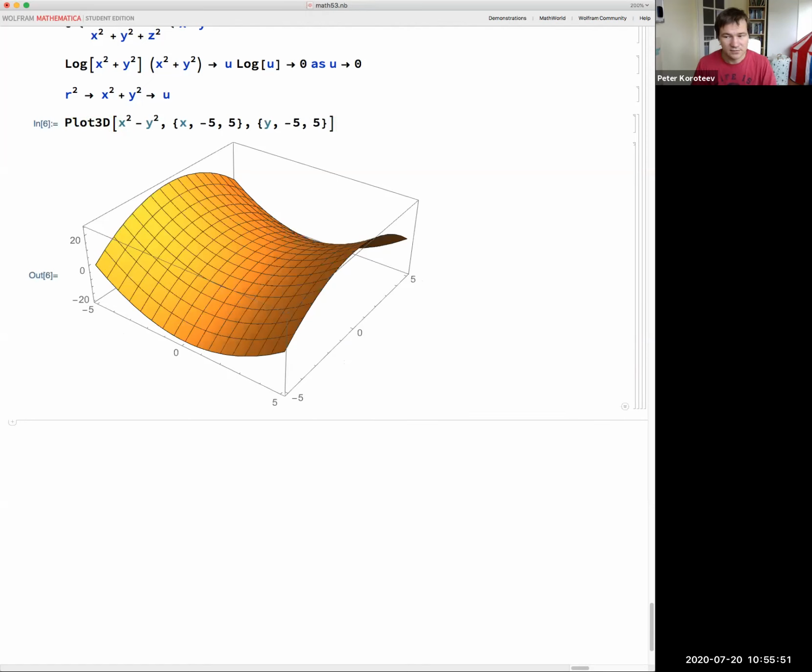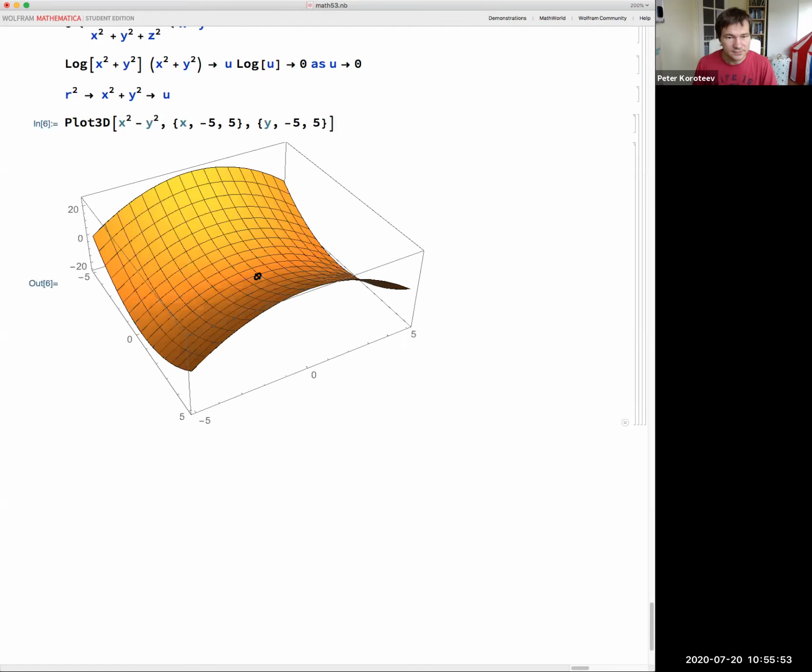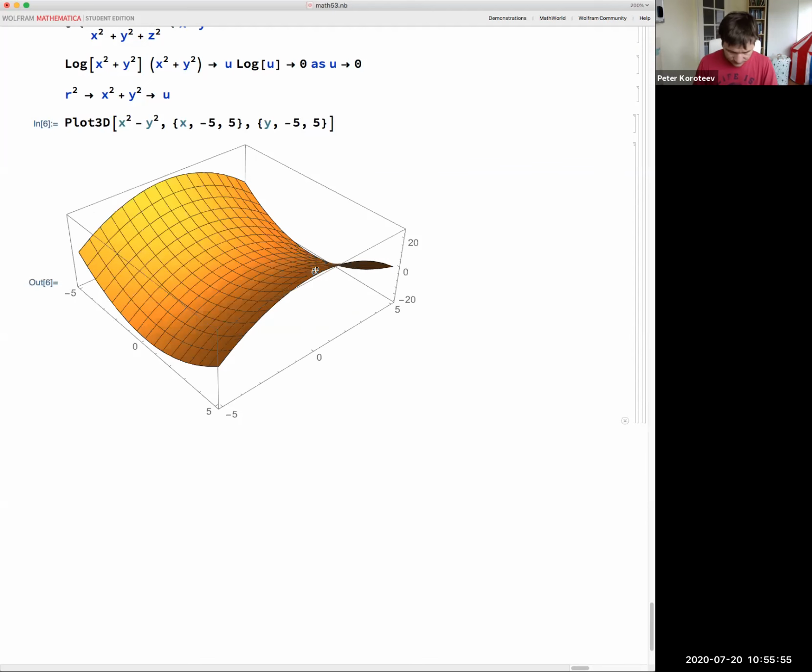Yeah, so this is 0, 0. If you go in this direction, you have a local maximum, right? If you go in that direction, it shouldn't say local maximum, right? So the partial second derivative in the x direction is positive.